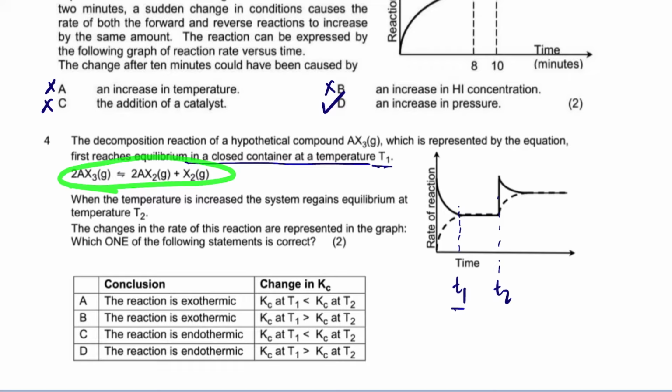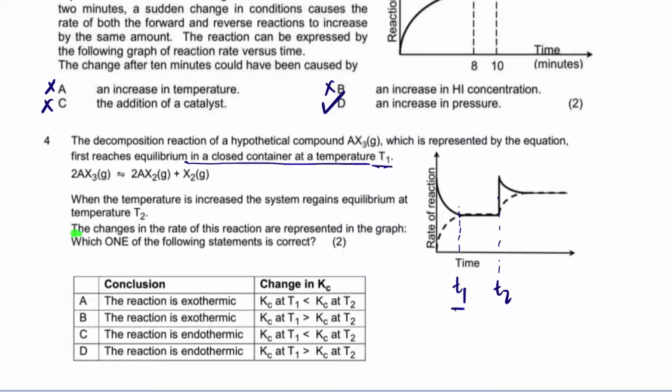Now here's the reaction. It's a homogeneous equilibrium there. It says when the temperature is increased, the system regains the equilibrium at T2. Right, so here, guys, they tell us that there's a temperature increase and then it regains the equilibrium there. So there's a reinstatement of the equilibrium.